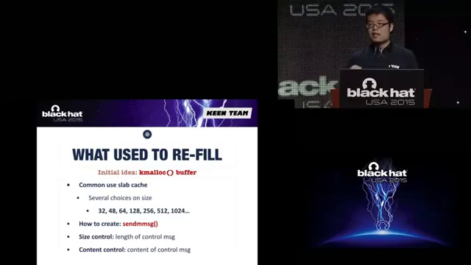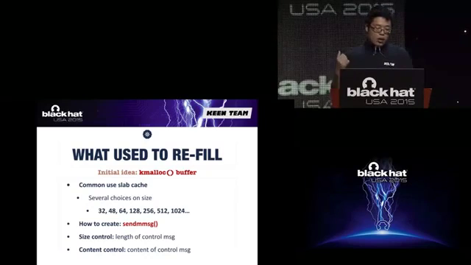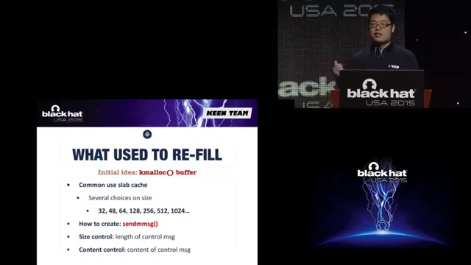But if the size is large enough, then the kernel won't put the buffer on the stack, but instead uses kmalloc to allocate an area and put the data into it. If we use sendmsg, we can control the size, because the size is just the length of the control message you want to transfer via sendmsg, and the content is also controlled by us.